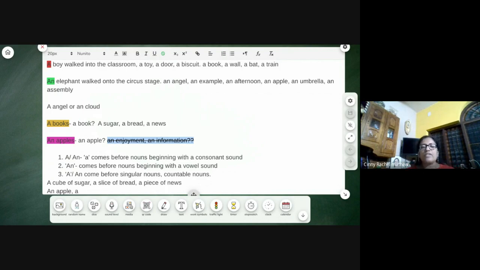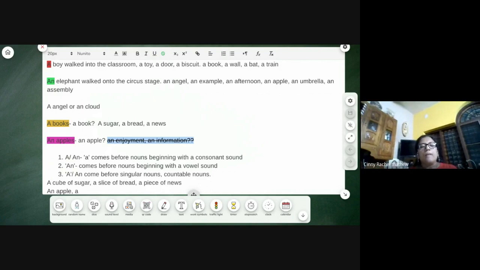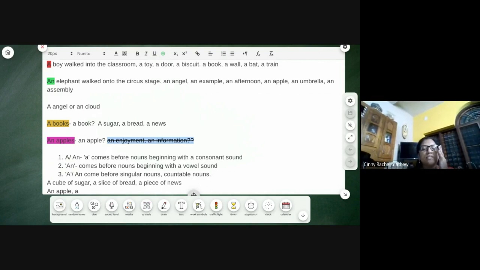So that kind of usage, a and an come before nouns beginning with consonant sounds and vowel sounds, and they come before singular countable nouns.